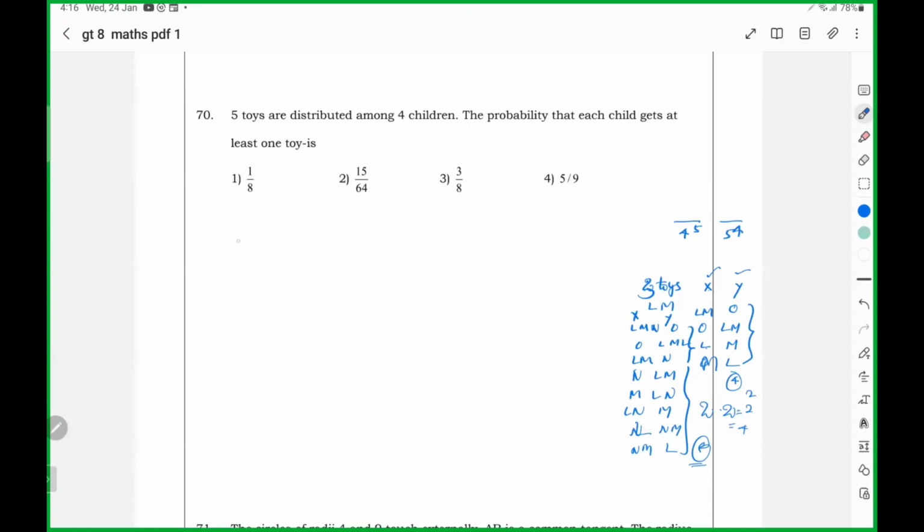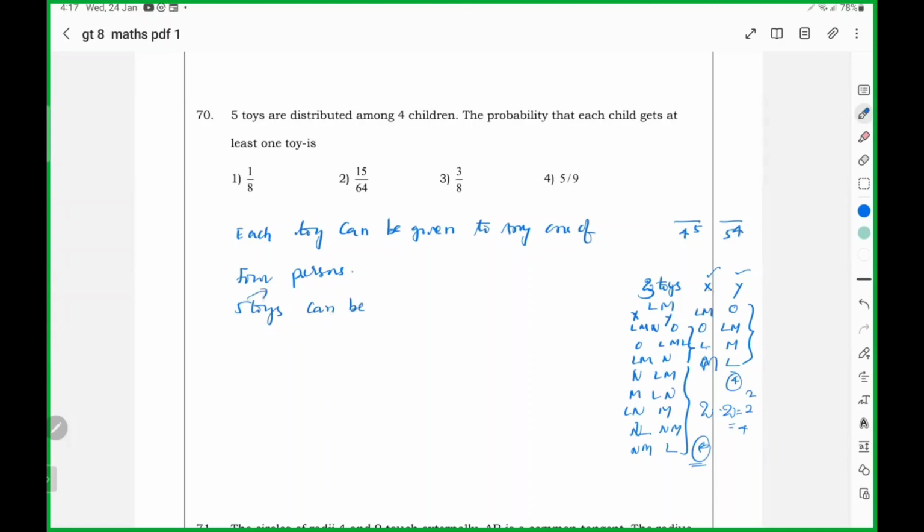So here each toy can be given to any one of 4 persons. Like that, 5 toys.